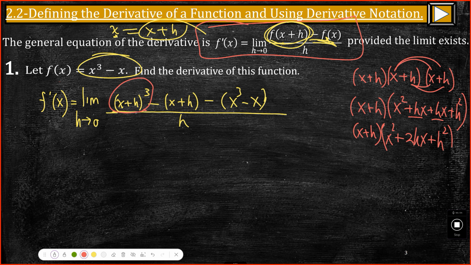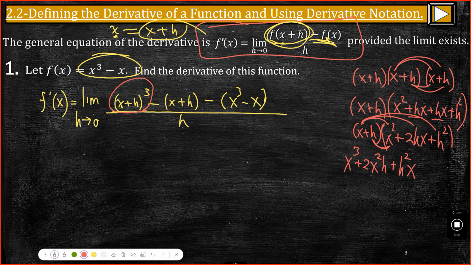We're going to multiply this now again. x times x squared is x to the third plus 2x squared h. This is going to be plus h squared x.